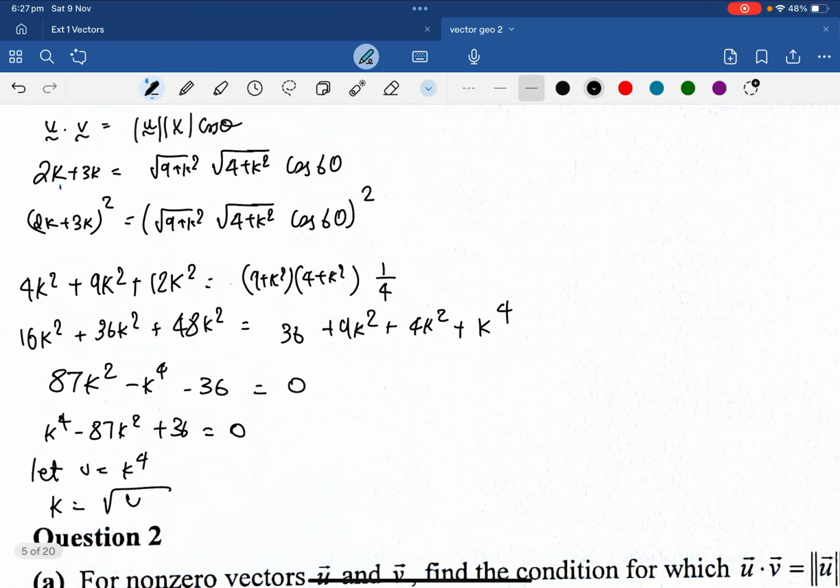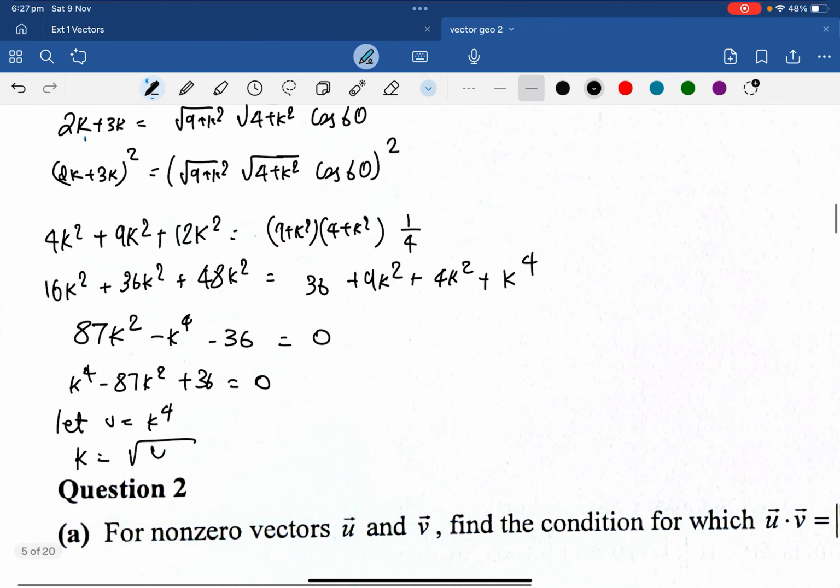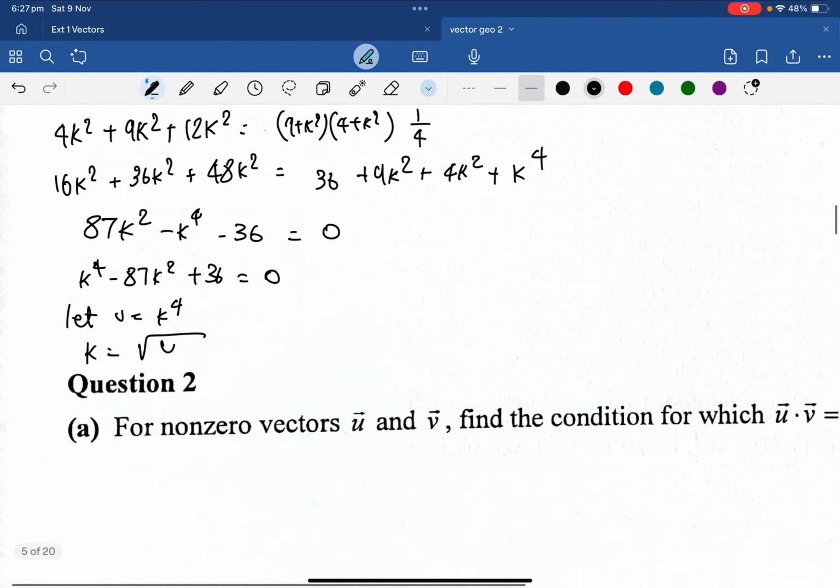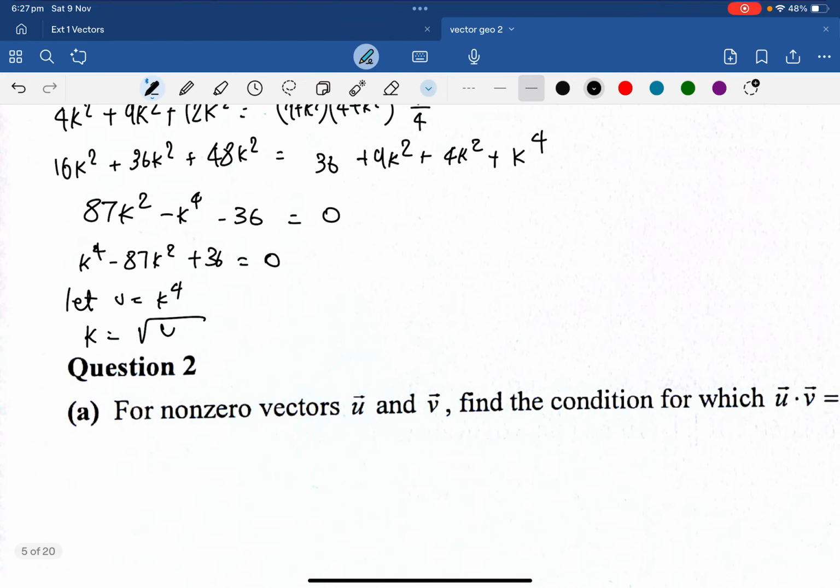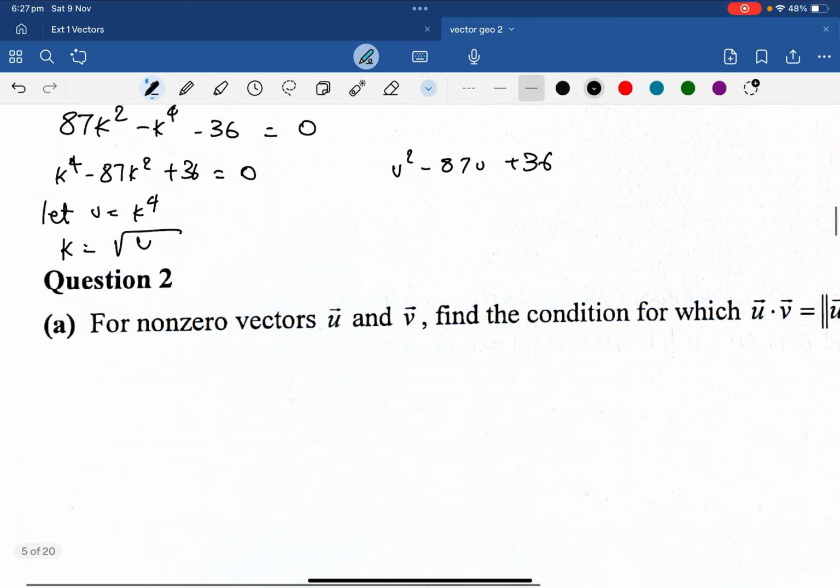Then we use the quadratic formula here, because this just becomes u squared minus 87u plus 36. And when you use the quadratic formula on this, it's minus b plus minus. So minus b is 87, square root of, what's b squared?